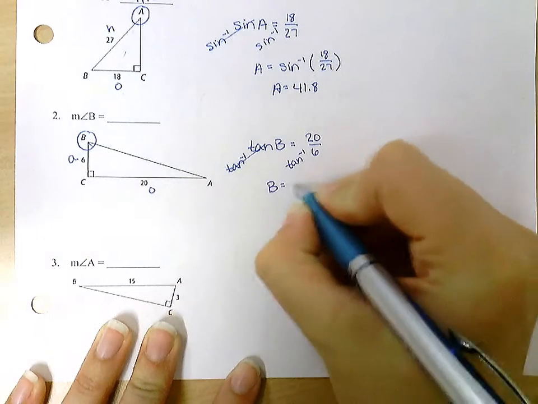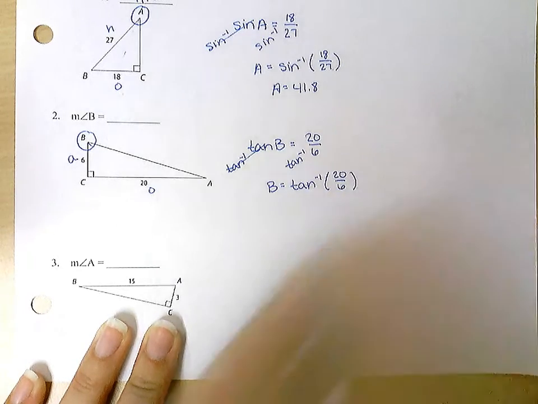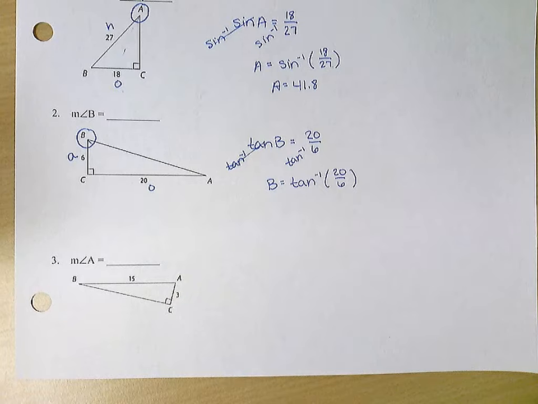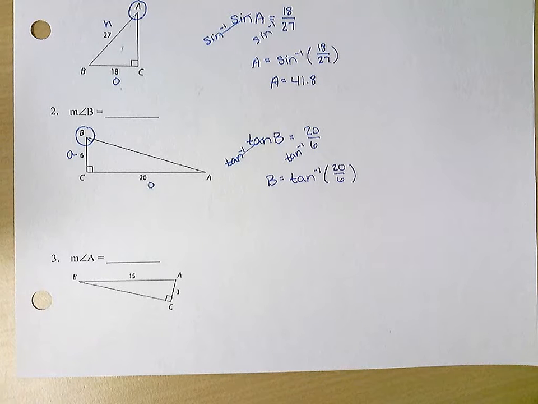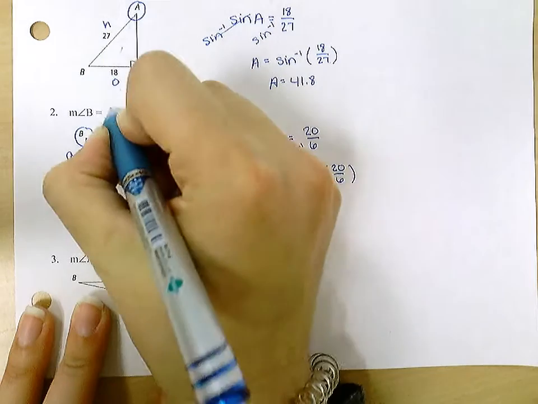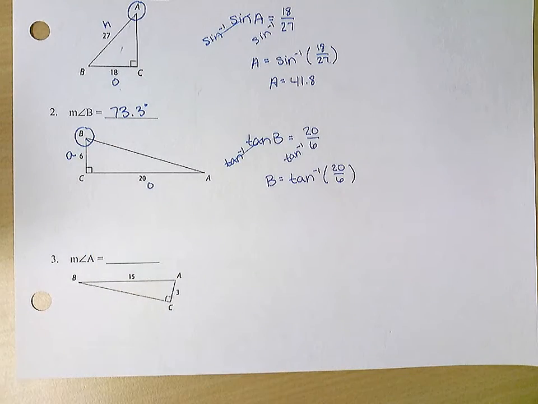So B will be equal to tangent inverse of 20 over 6. Okay, make sure you can enter that into your calculator. You should get 73.3 degrees. So make sure you entered that correctly.